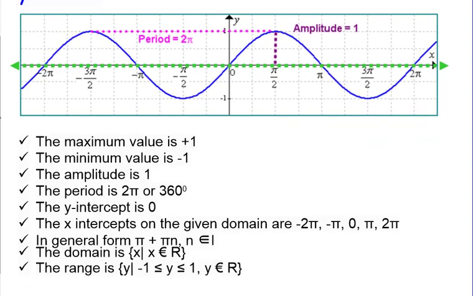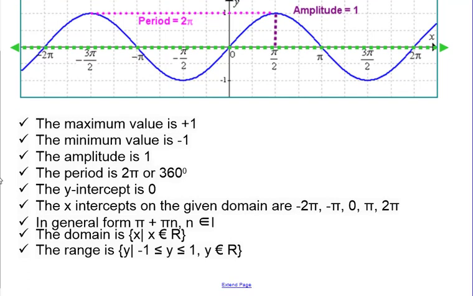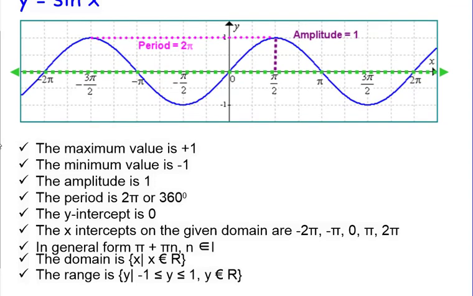So sine of x. There's our basic look. We've got a period of 2 pi, an amplitude of 1. So some basic things. The maximum value for a base sine graph is always 1. The minimum for a base sine graph is always negative 1. It has an amplitude of 1, the amplitude being the distance from the midline to the maximum, or you could also say from the midline to the minimum.